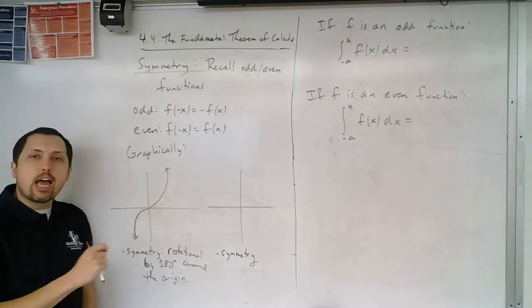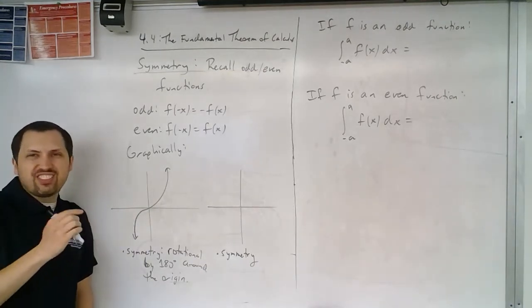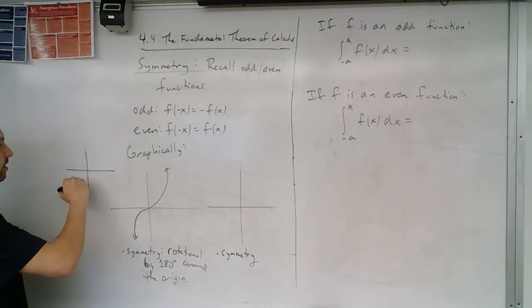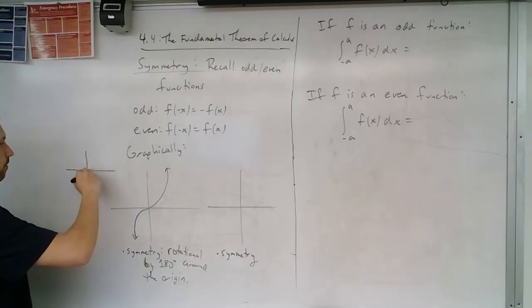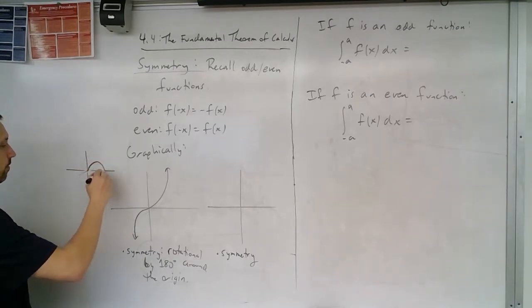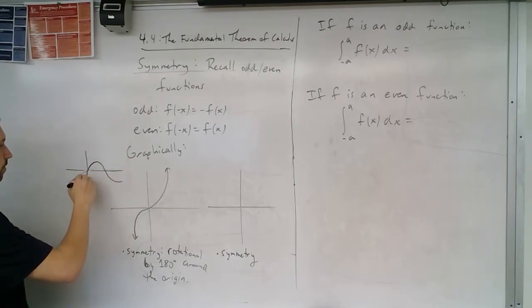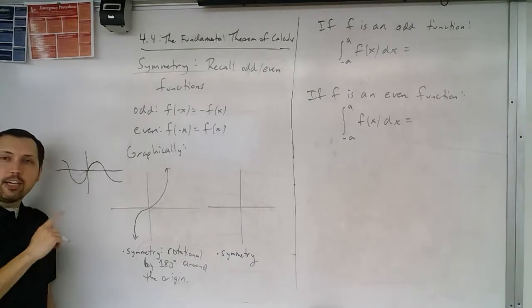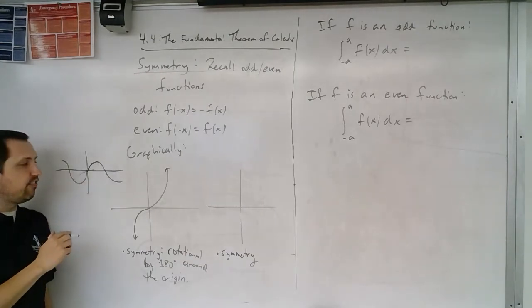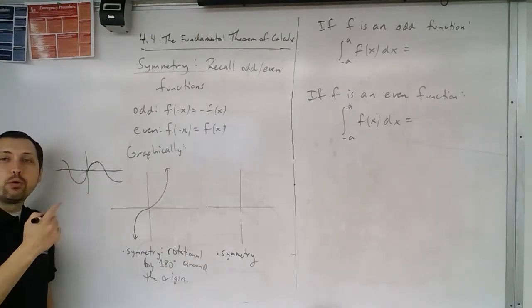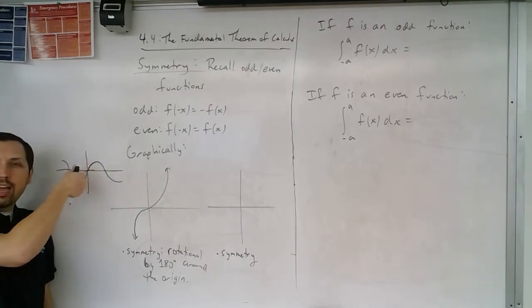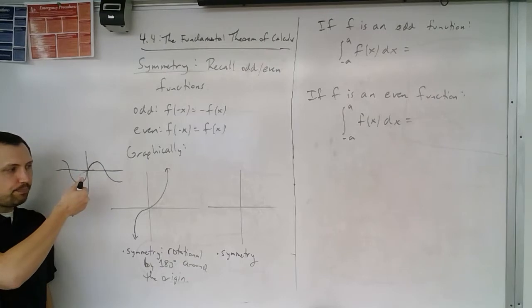Now, another odd function that we've seen a lot was sin x. We had rotational symmetry, and we also had the fact that sine of negative x was negative sine of x.